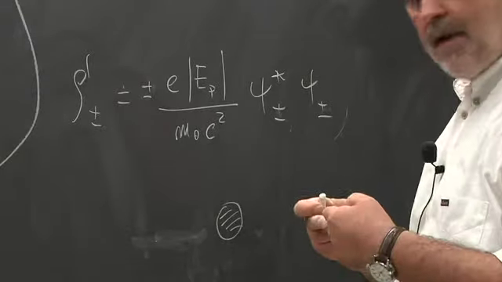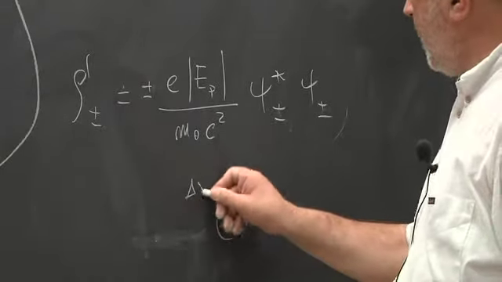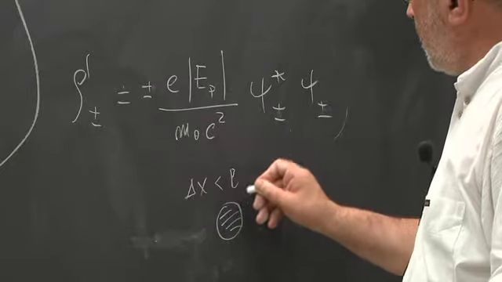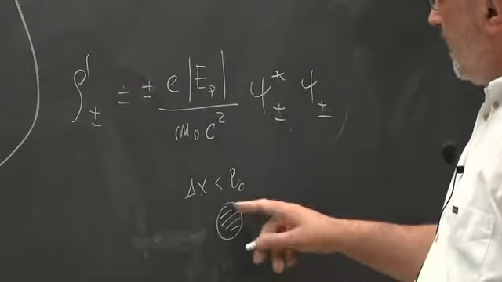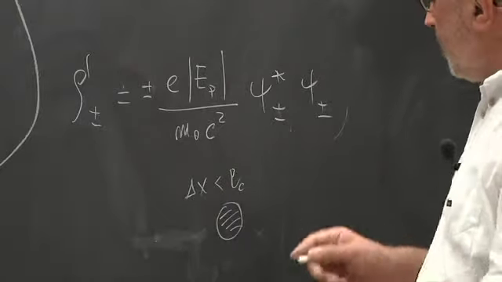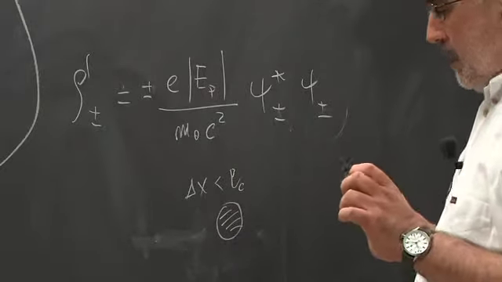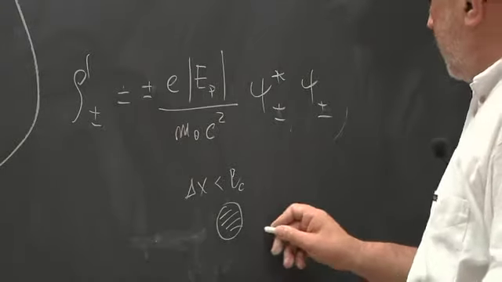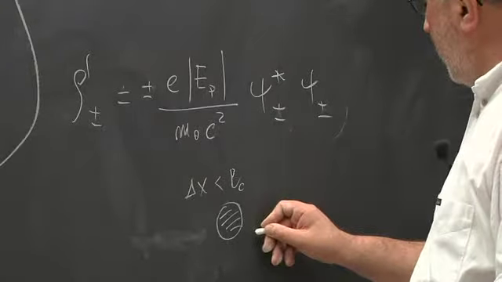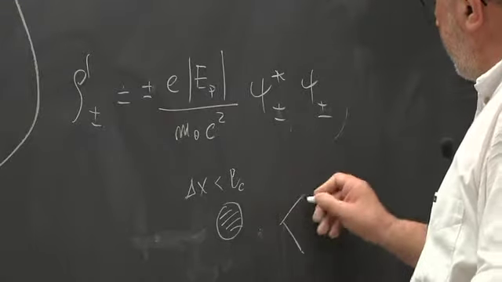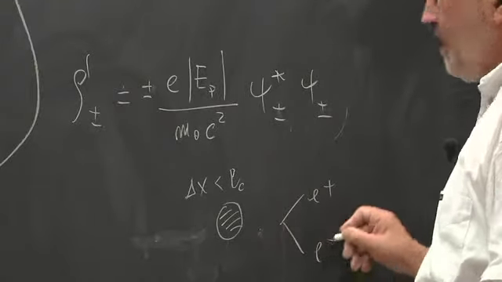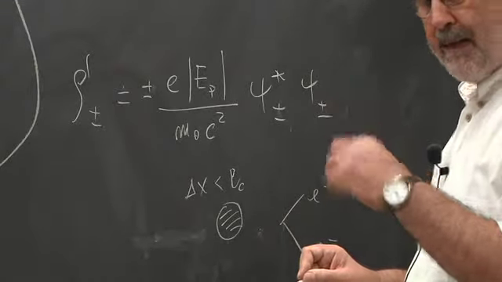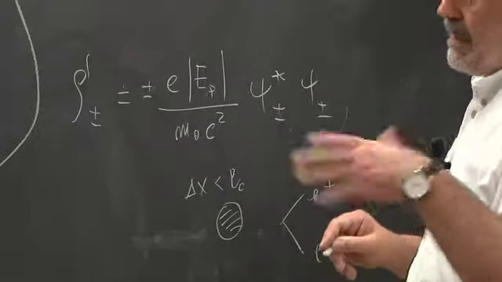If you want to go below, so that delta x is less than the Compton wavelength, if you want to increase the resolution, you have to give more energy, and then you will create an e plus, e minus couple. The other day I explained a little bit.